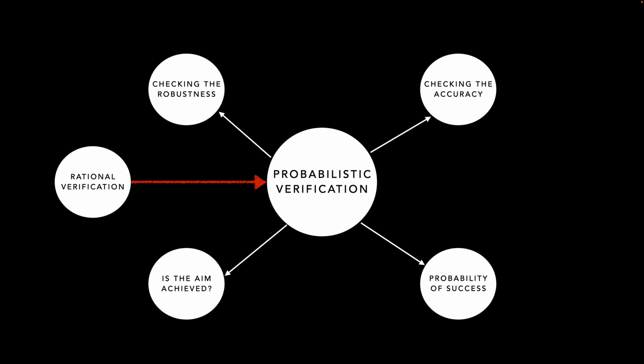If it has been achieved, then we can check the robustness, the accuracy, and the probability of success, since the highest probability will be considered out of the list of different simulations and will be applied to the current model. The idea is to use rational verification as the backbone of probabilistic verification to consider the agent's preferences and the impact of different experiences.